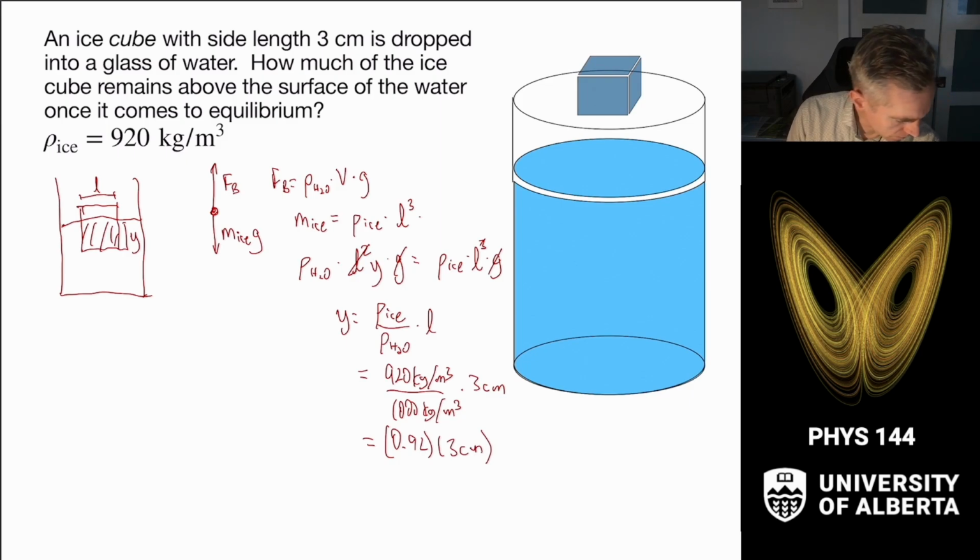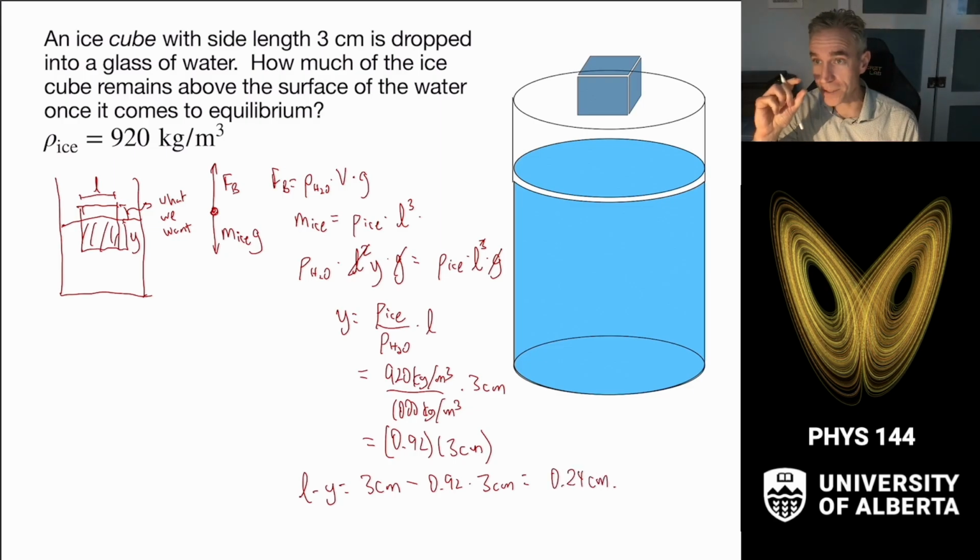And because I want the length that's above the water as the answer, we want to find out what L minus y is. So that's 3 centimeters minus 0.92 times 3 centimeters. And that gives us 0.24 centimeters. So that's how much should be sitting above the water when the ice cube comes to rest.